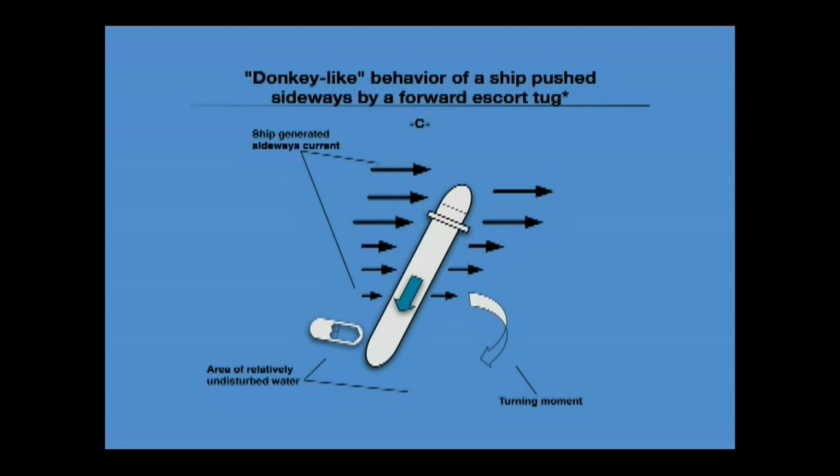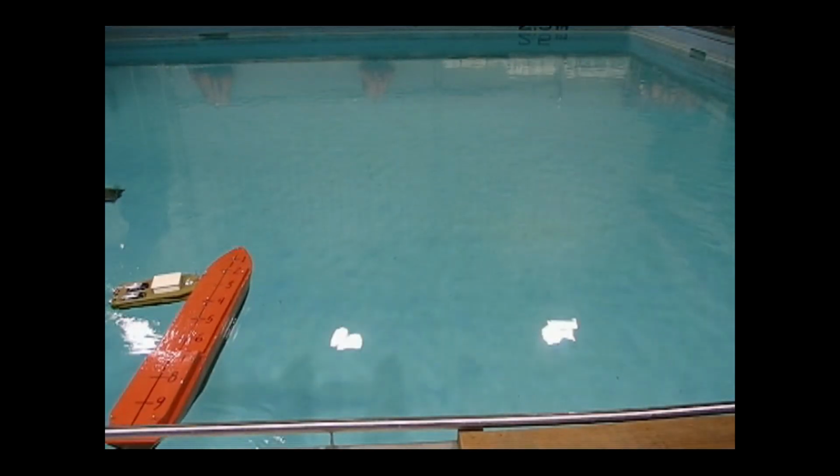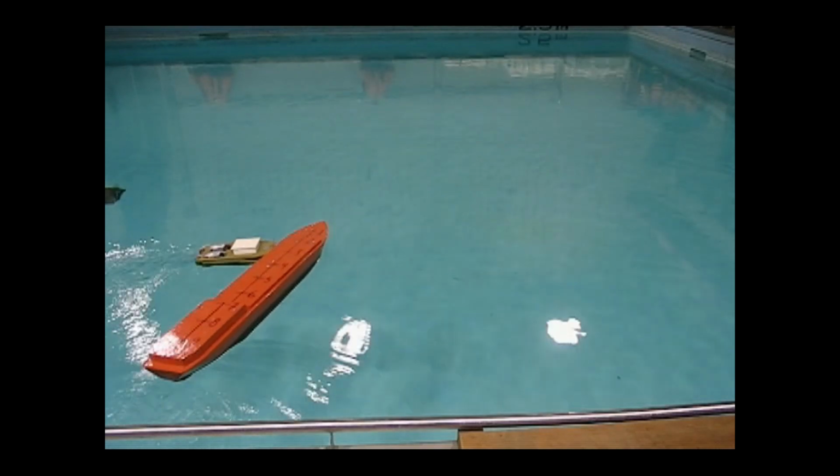When the ship starts a starboard swing, the stern, due to the rotation, keeps on generating more sideways current than the forward part of the vessel, thus amplifying the turning moment. The rudder of the ship is kept amidship all the way.